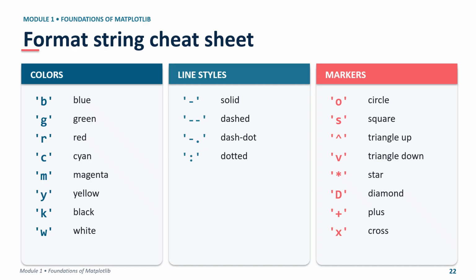Star is for highlighting special points, d for diamond, and plus to indicate scientific or grid data. For scatter plots, you can use the cross symbol.